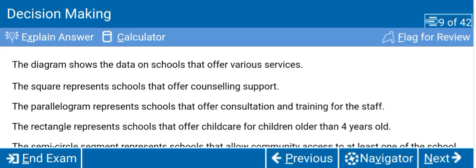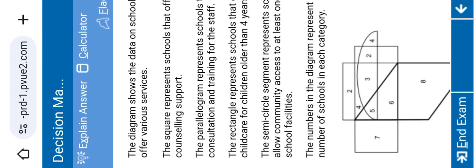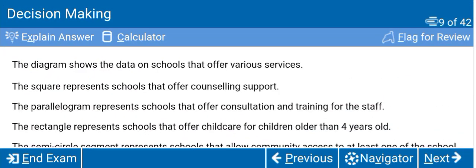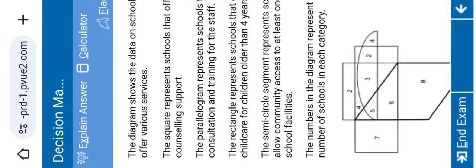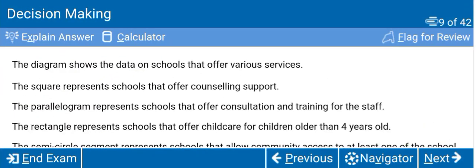Next we have question number 9. It says the diagram shows the data on schools that offer various services. The square represents schools that offer counseling support.